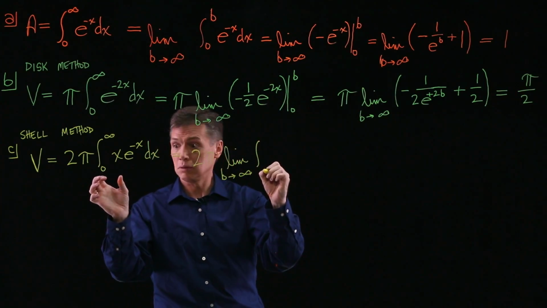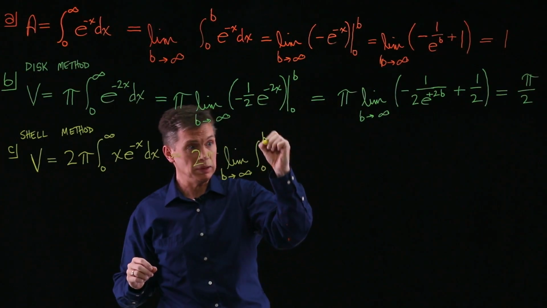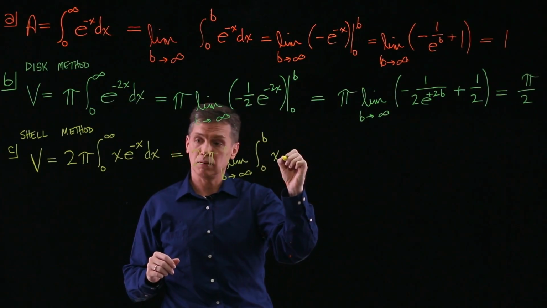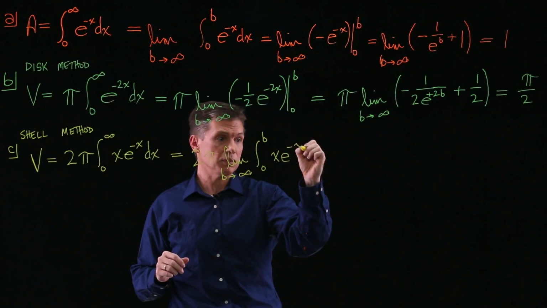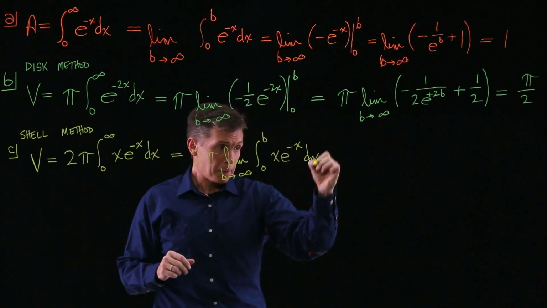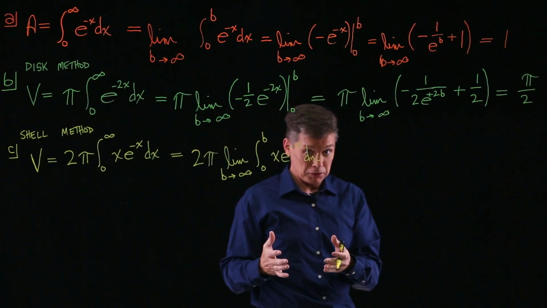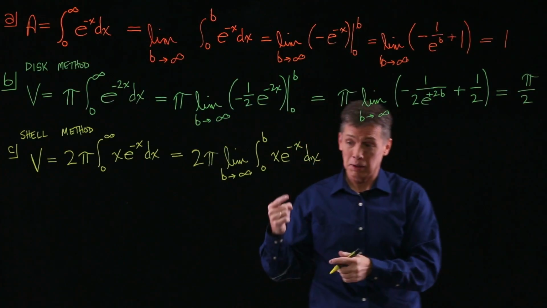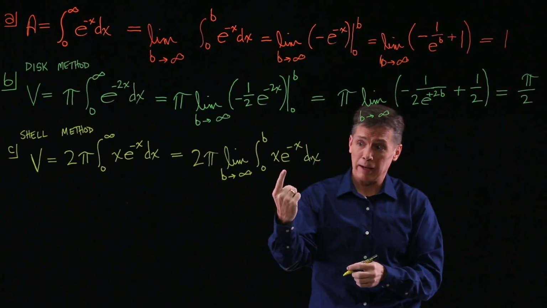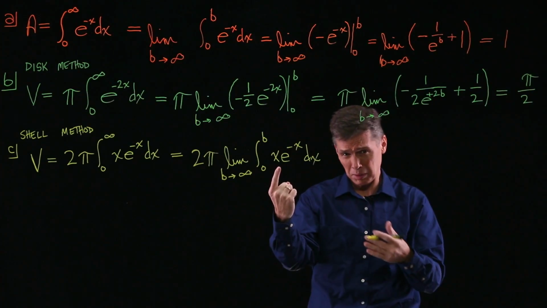And I've got the integral from 0 to b of x e to the minus x dx. And not as easy as the last couple of integrals that we just did, because in order to tackle that guy, I'm actually going to do some integration by parts.